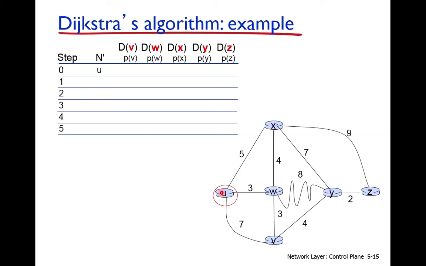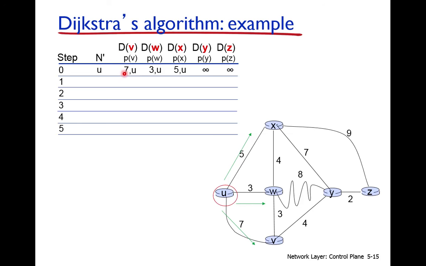If I am standing here, I can only access this link and this link directly. So you can see that this is the path. Now these are the links that are explored and these are their costs. Now when this is computed, which one is the lowest?